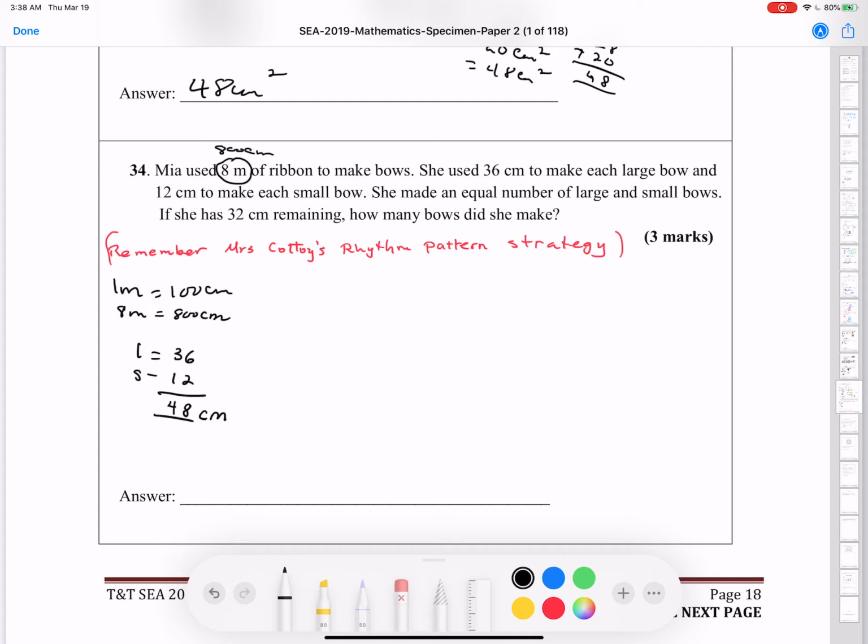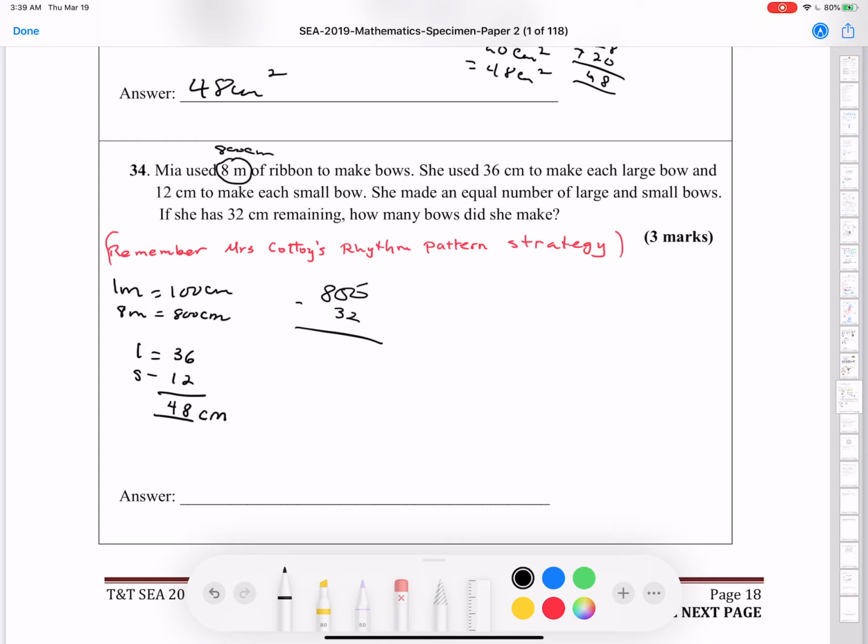Alright? 48 out of 800 to make one large and one small. She had 32 centimeters remaining. So out of the 800, let's take away the 32. 800, take away 32.